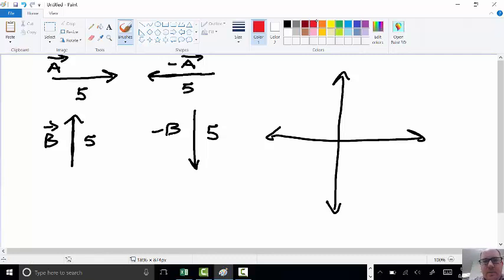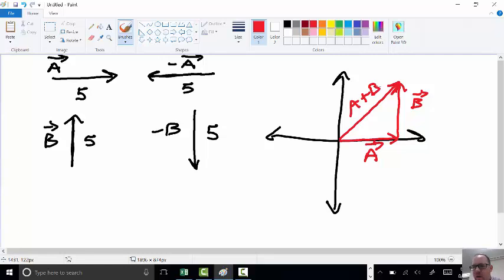So let's say we did A plus B. So A would be like this, and B, which is the one that goes up, would be like this. So this is A, this is B. And so, of course, from tail of the first vector to the head of the last vector is A plus B.